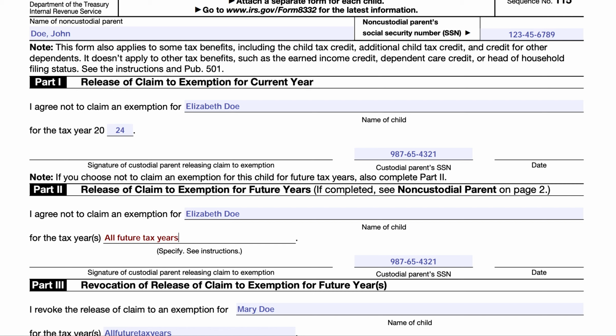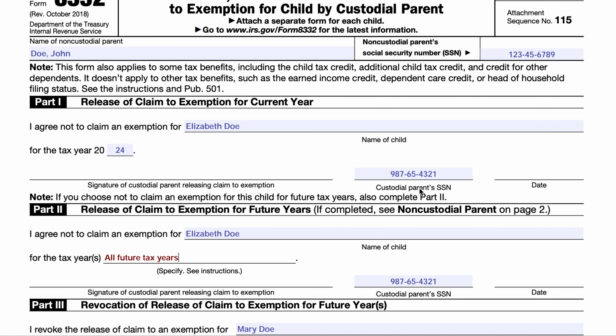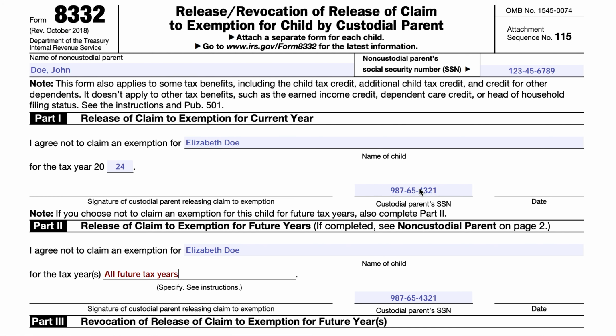So that brings us to part three. Let's imagine that this is the form that's on file, and Mary Doe and John have changed their mind, and she's going to take that back starting in tax year 2025. What you would see is basically all this information would go away.